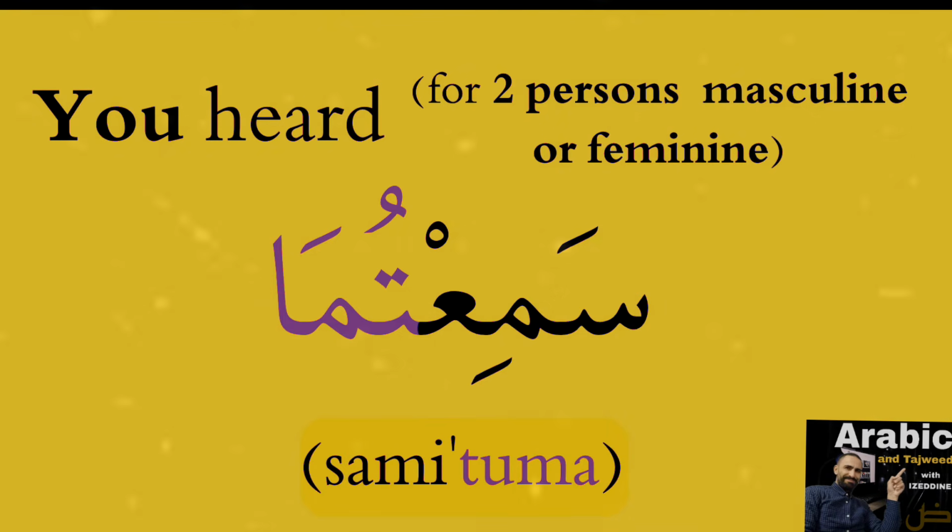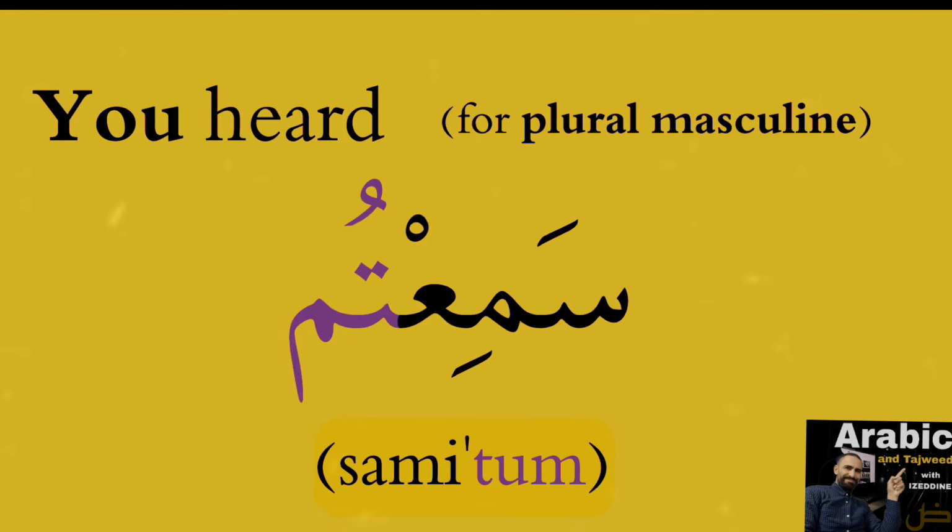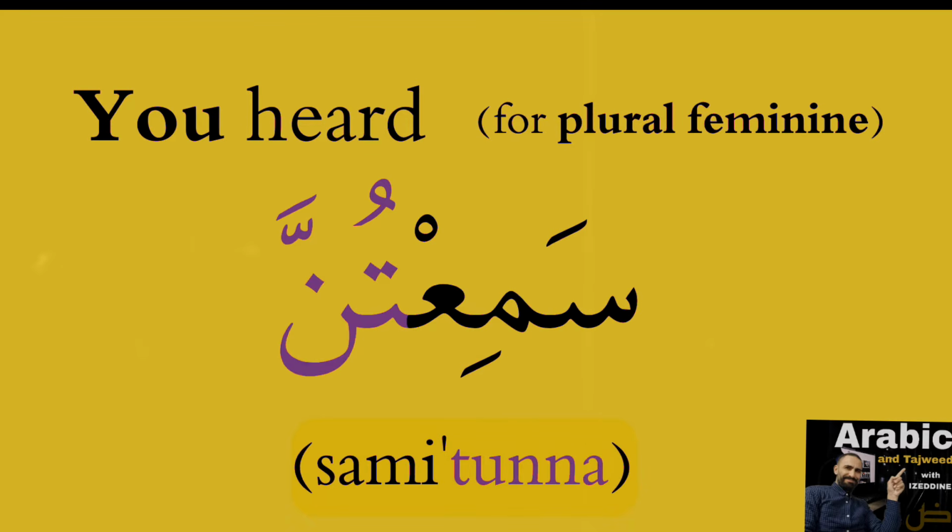Try to train on different examples so that you can memorize these differences. You heard. أنتم سمعتم. For plural masculine, you are a group of males. But for plural feminine, group of females, أنتن سمعتن.